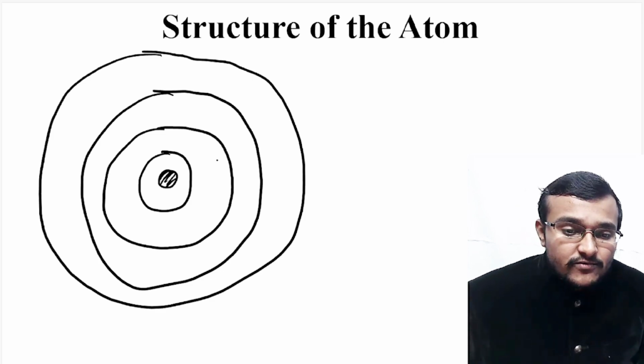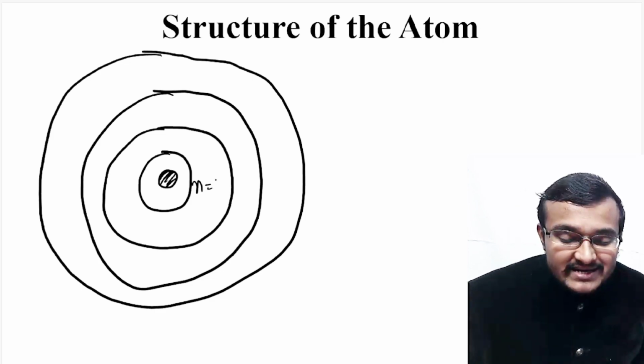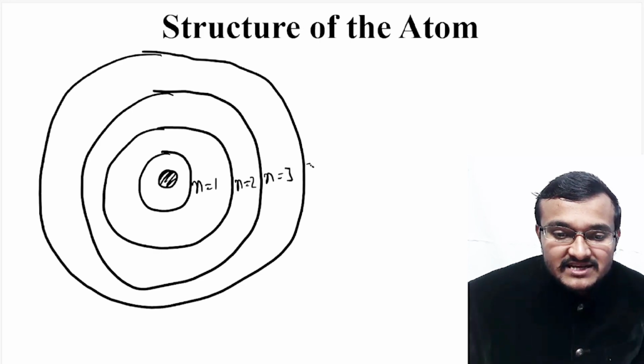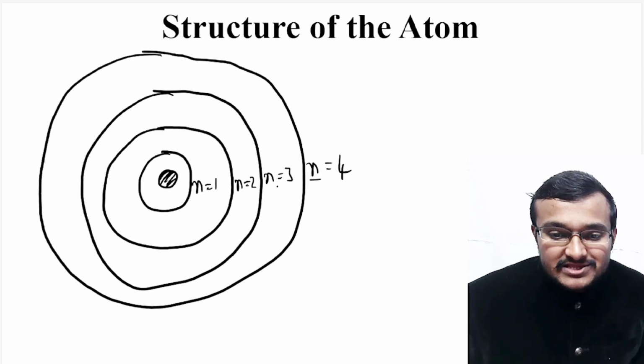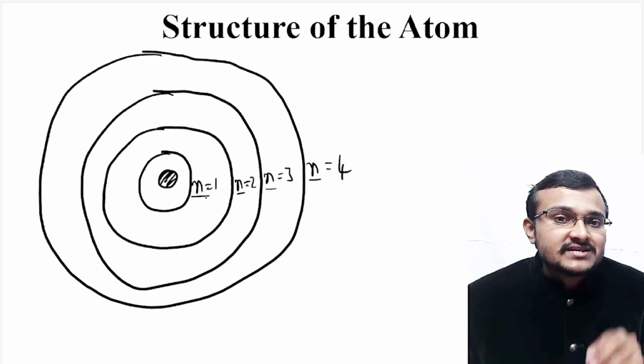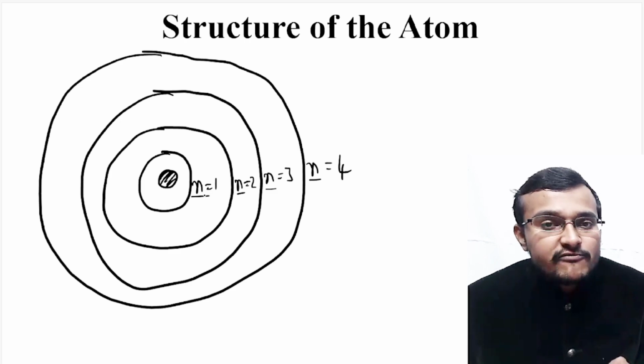So these are n is equal to 1 energy level, n is equal to 2 energy level, n is equal to 3 energy level, and n is equal to 4 energy level. So this n represents the energy levels or the discrete orbits of an atom.